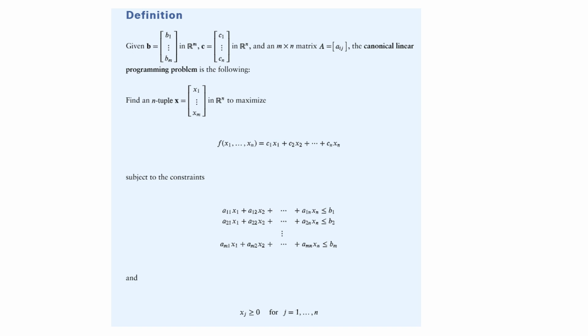So here is the definition of the general linear programming problem. Given a V equal to a column V1 through Vm in Rm, C equal to C1 through Cm in Rn, and an M by N matrix A being Aij, then the canonical linear programming problem is as follows.